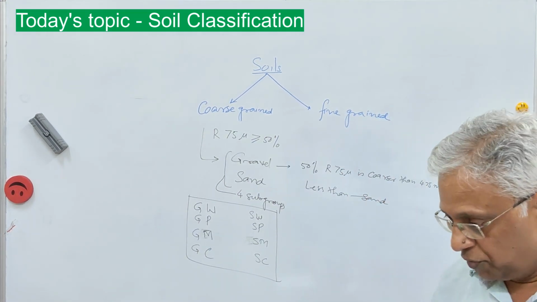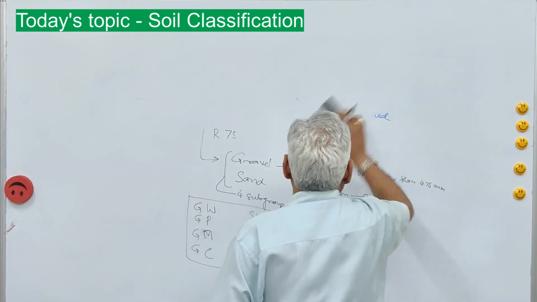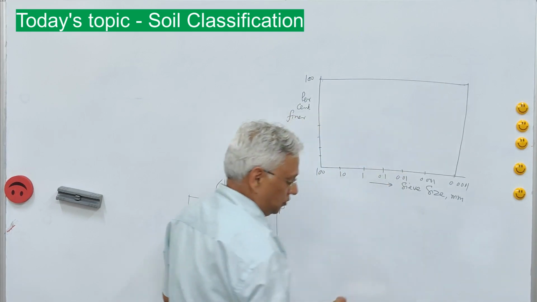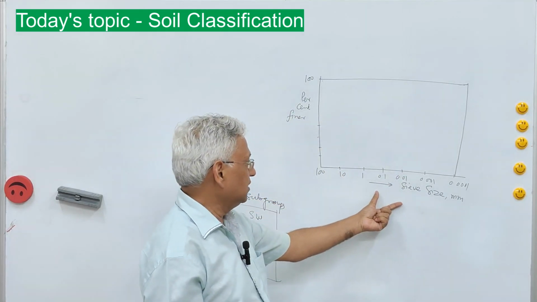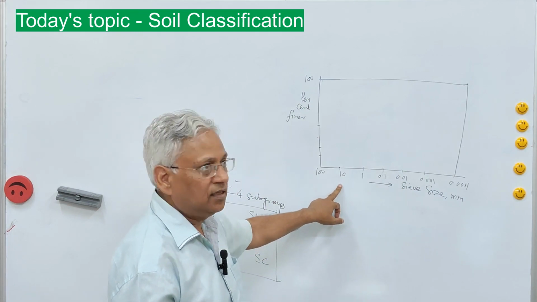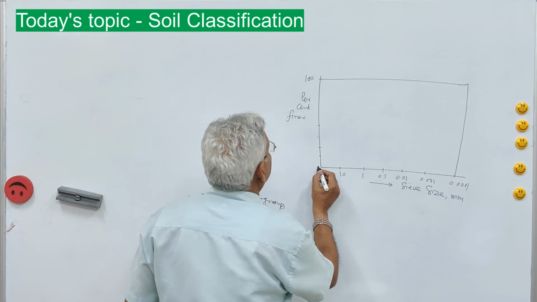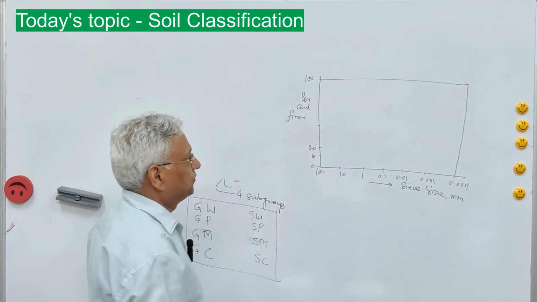Now, grain size distribution of a soil, that is how we make the plot. On x-axis is a sieve size on log scale, on y-axis percent finer, starting with 0, 10, 20 and up to 100.